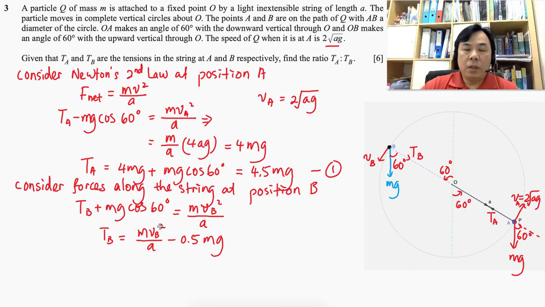Now, what's left next will be to find out the speed of the particle at position B. So we can leave it here, equation number 2. Now in order to obtain the speed of the particle Q at position B, we have to make use of the conservation of energy here.